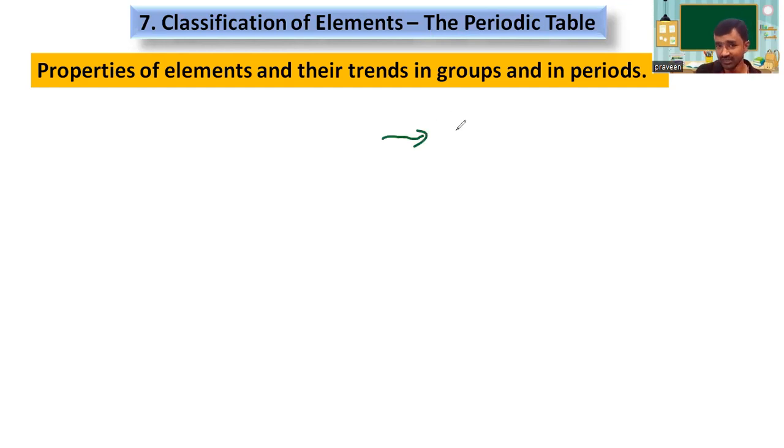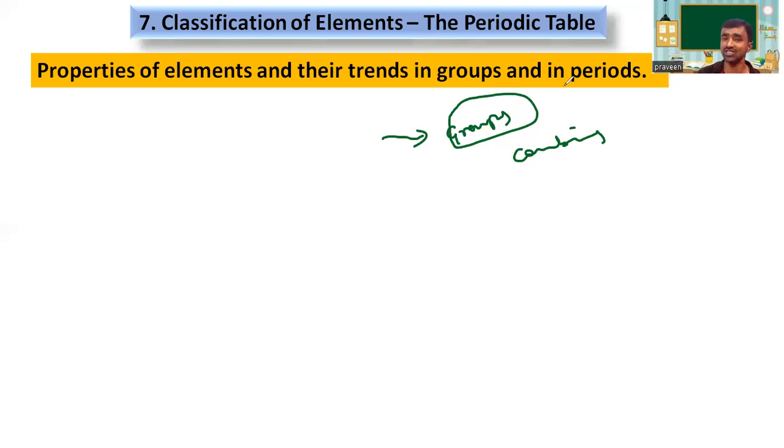Here the elements with the same number of valency shell electrons are given as groups. So what is valency? Actually combining capacity of an atom with hydrogen or oxygen. That combining capacity we define as valency.